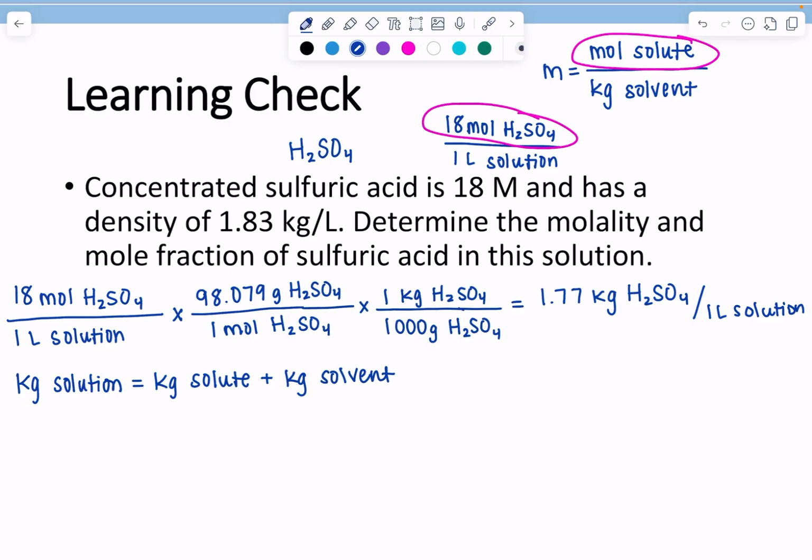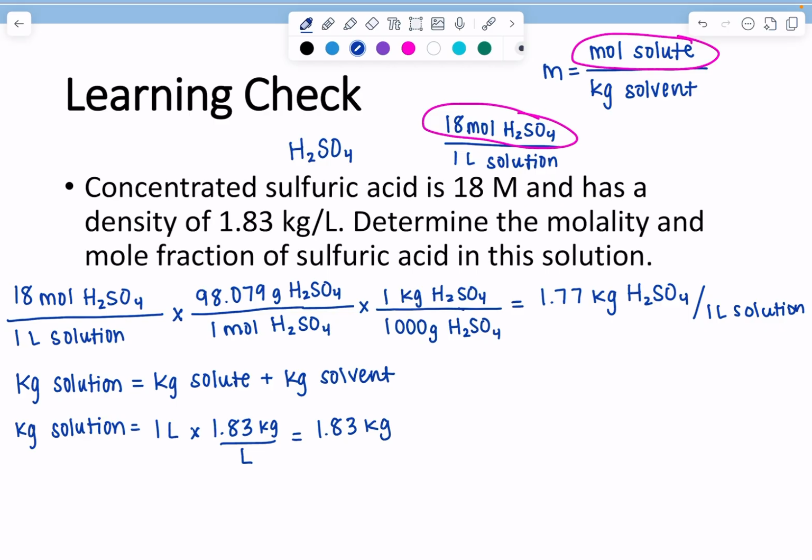Kilograms of solution we can find using the 1 liter volume and the density. So we'll say we have 1 liter and it's 1.83 kilograms per liter. So this is 1.83 kilograms. That's the mass of the solution.